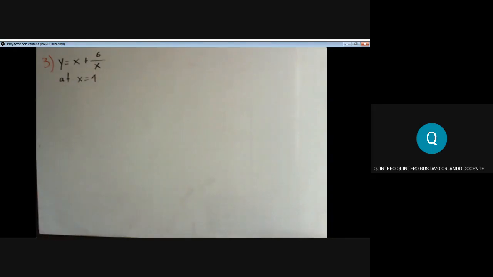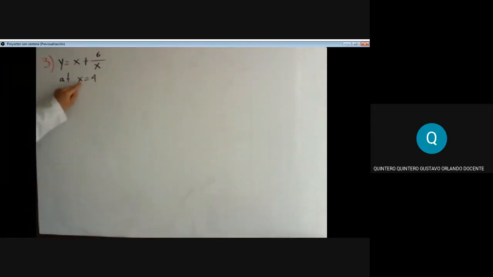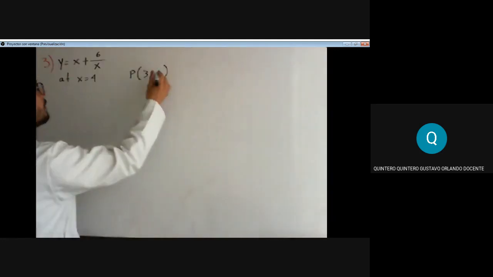All right, beautiful. So the first thing I would try to do is, since we know that this function has a normal at the point where x equals 4, the question will be, okay, but what is the full coordinate? Because in previous exercises, we had something like the point P(3, 4).